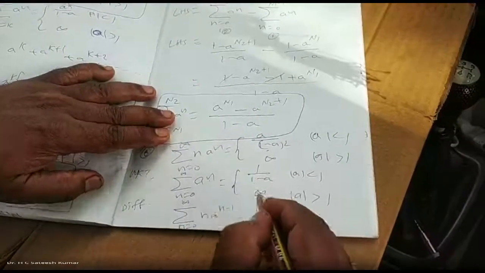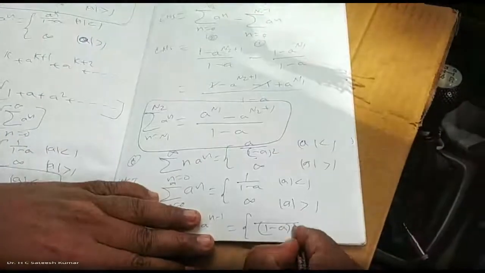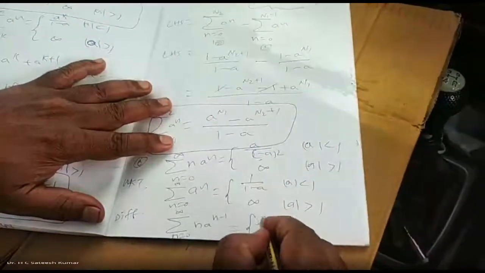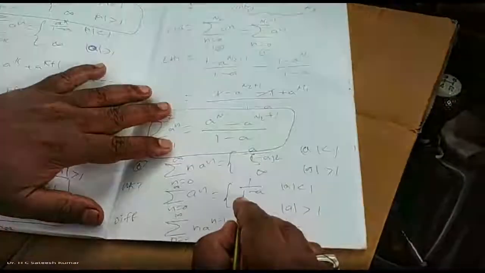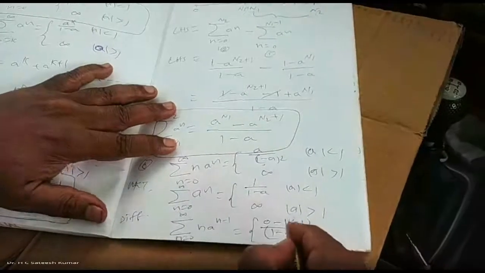And differentiation of 1 divided by 1 minus a: denominator whole square, 1 minus a whole square. Denominator into d by dx of numerator, which is constant 0, minus numerator into d by dx of denominator: 1 is 0, minus a is minus 1. And it is equal to infinity for magnitude of a greater than 1, for magnitude of a less than 1. Okay, right. Multiply it: 1 into minus, plus.